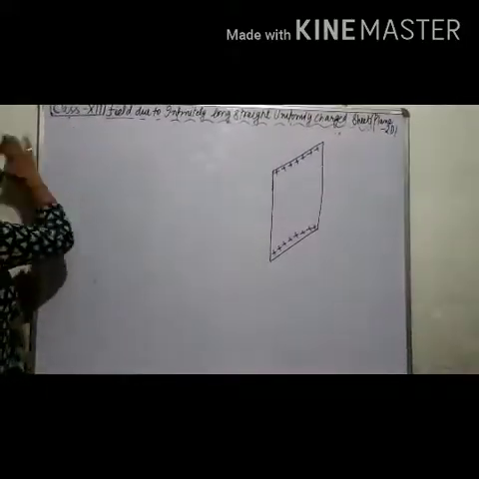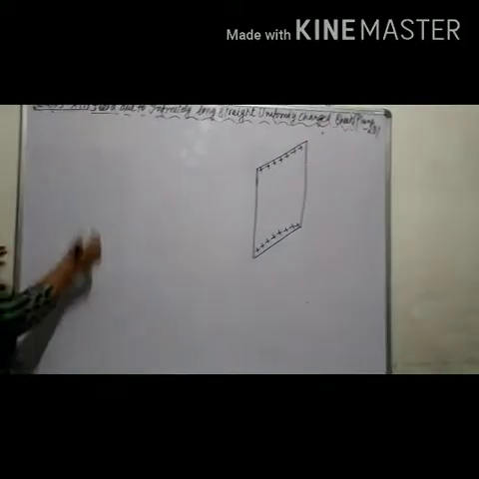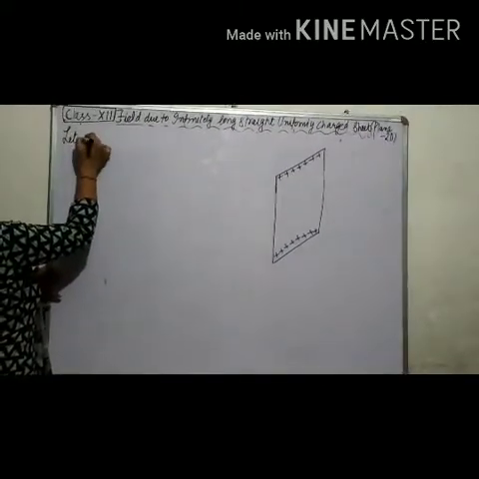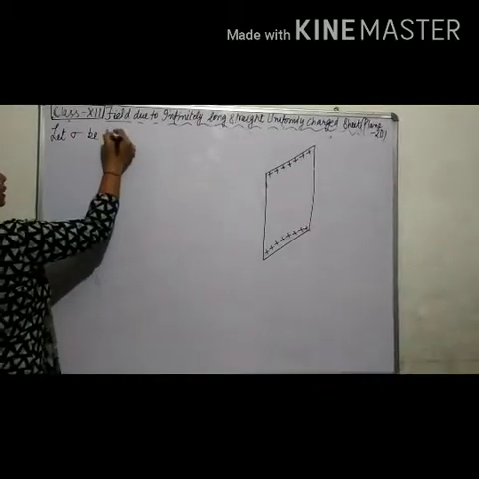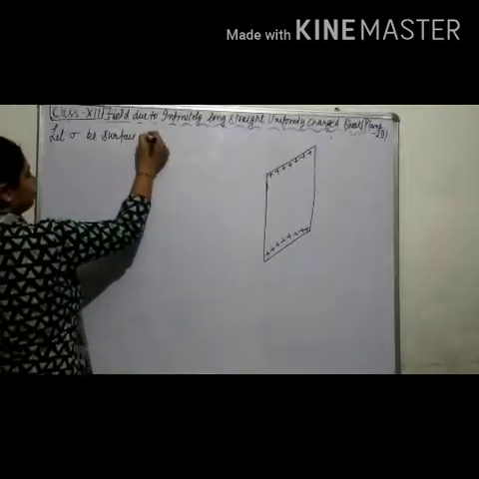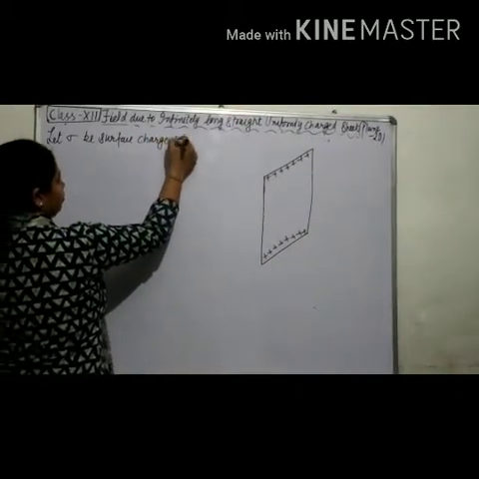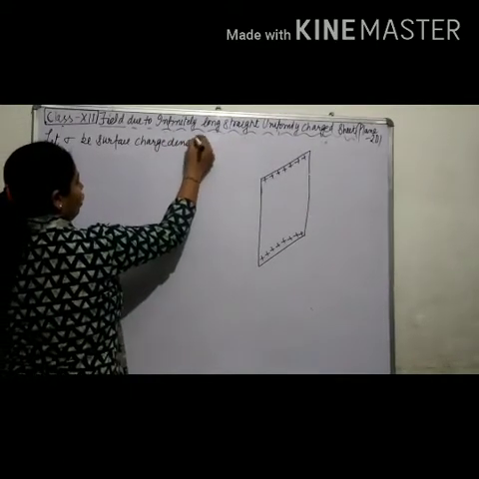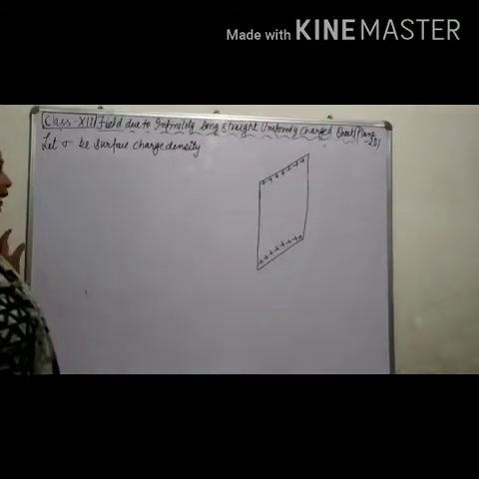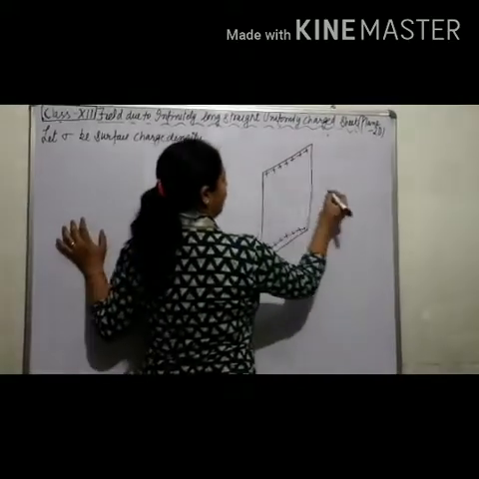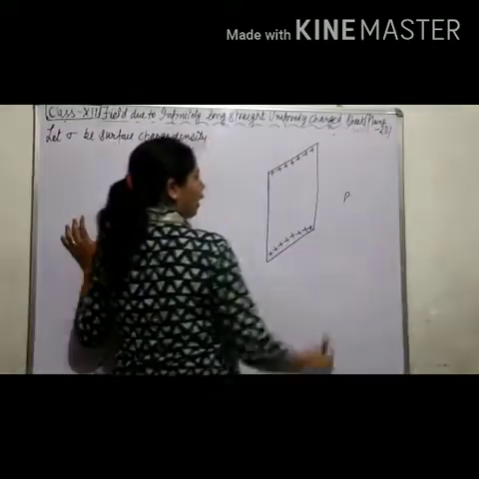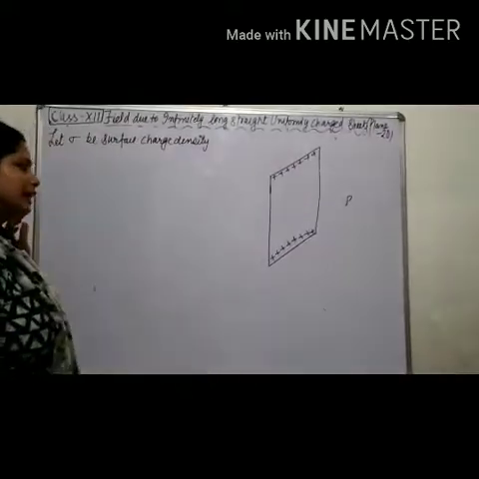As charge is uniformly distributed over its entire surface, let sigma be the surface charge density. We want to find out the value of electric field at a distance r, that is point P, which is at a distance r from the given sheet.